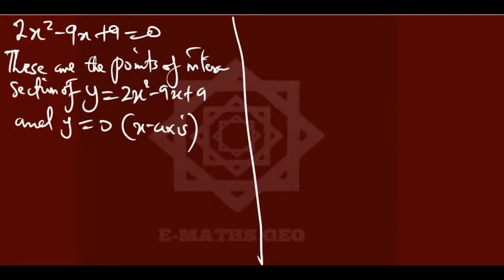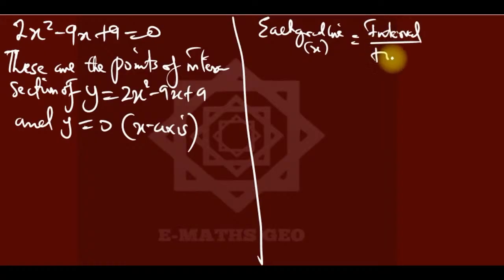So since we know that each grid line for x is, as we know, that is the interval we are looking for over the total grid line. Therefore the interval, that's what we are looking for.